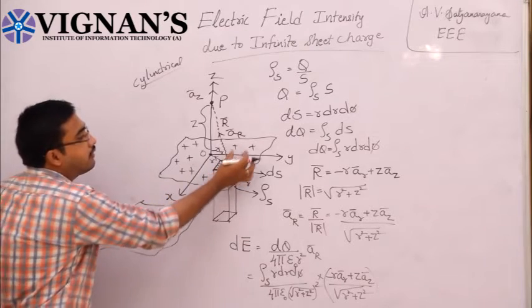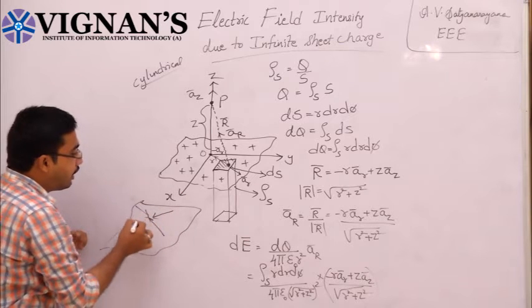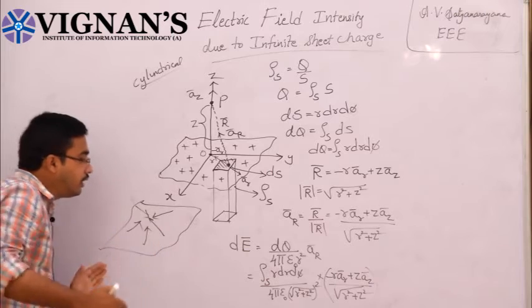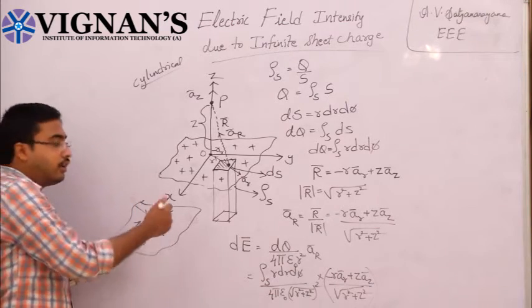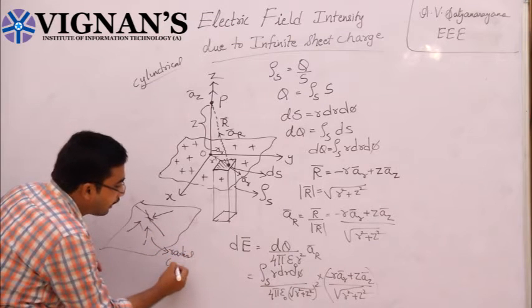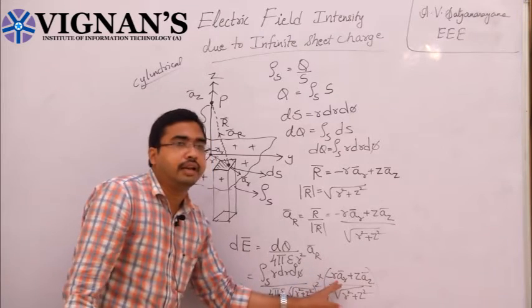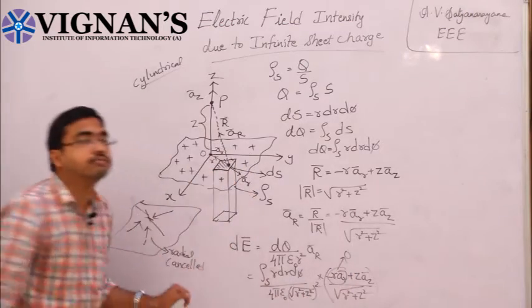Similarly, if you consider a differential surface here, your aR will be acting like this. Wherever the differential surface is, the radial components will be towards the origin. All these are symmetrical, so the radial components will be cancelled. There will not be any radial components, so this component will become 0.